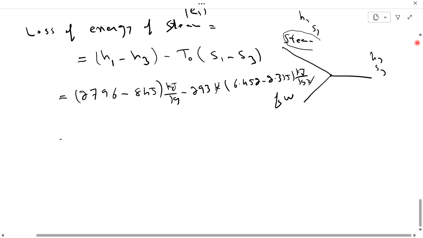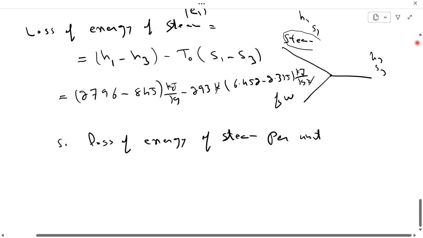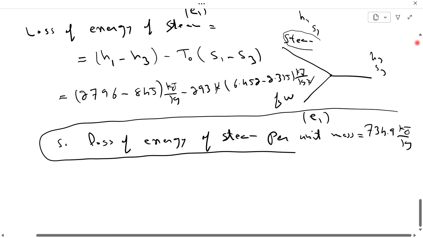So loss of exergy of steam per unit mass is 734.9 kJ/kg. Per unit mass means per kg, and this is denoted by E1. So this is the final answer of the second part.